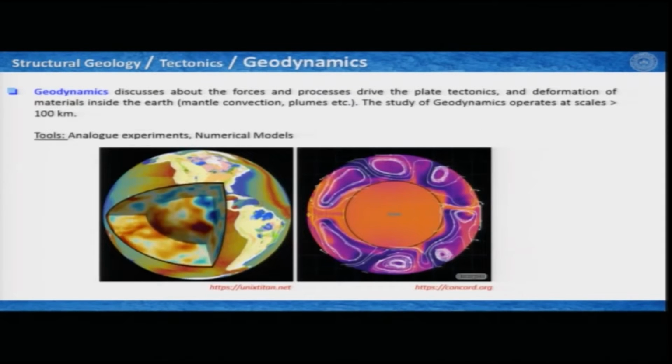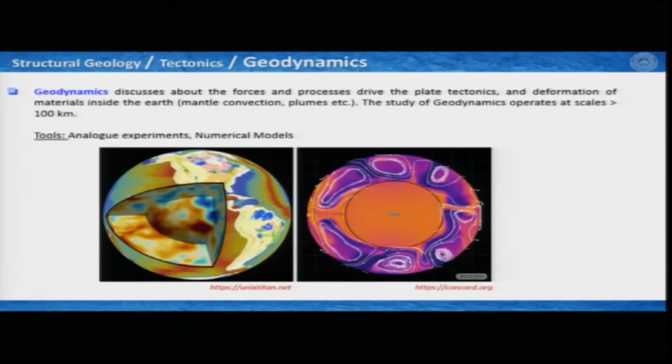Geodynamics is a subject that discusses the forces and processes that drive the plate tectonics and the deformation of the materials inside the earth. So you can consider the mantle convections, plumes, etc. As you can imagine, from the plate tectonics to the core of the earth or the core mantle boundary, the scale is huge.